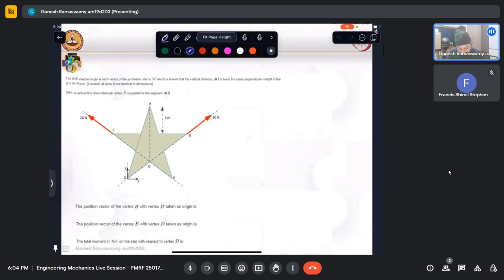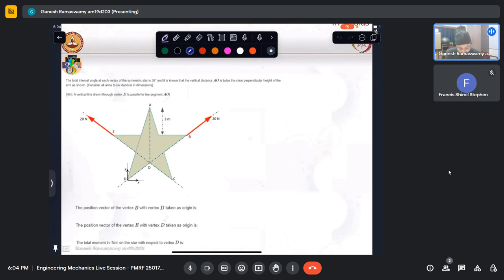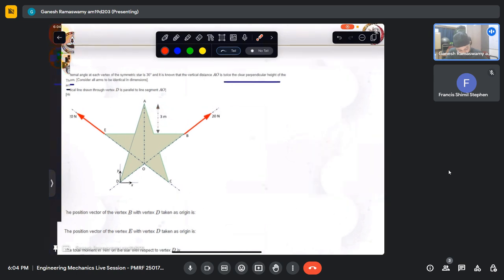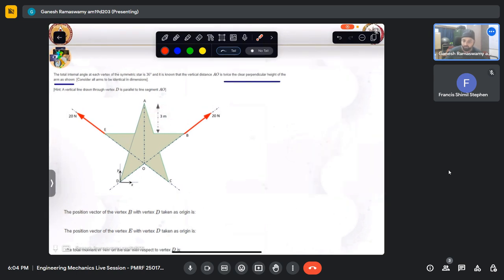It says the total internal angle at each vertex of a symmetric star is 36 degrees. And it is known that the vertical distance AO is twice the clear perpendicular height of the arm, as shown. So the height of one arm is shown to be 3 meters.